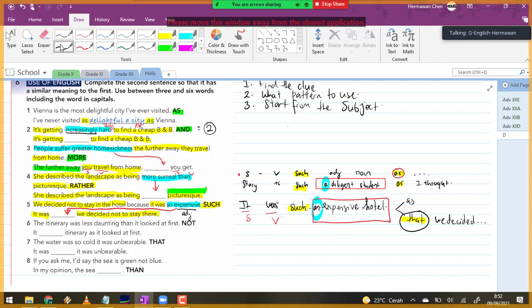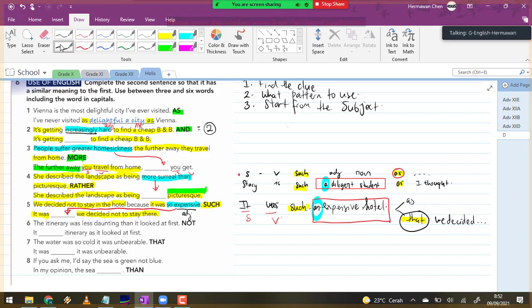Hotel is singular. There is only one hotel. It means you have to put an article, a or an. We have to use an because the sound of expensive starts with a vowel. This is number 5. Any question?